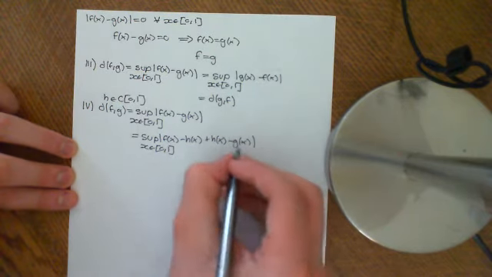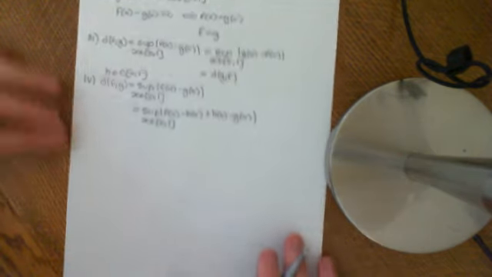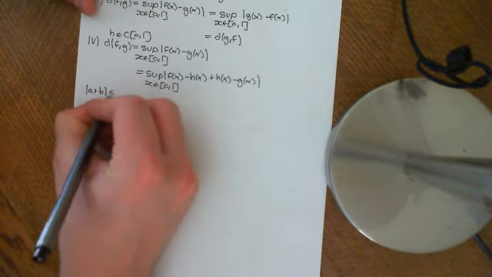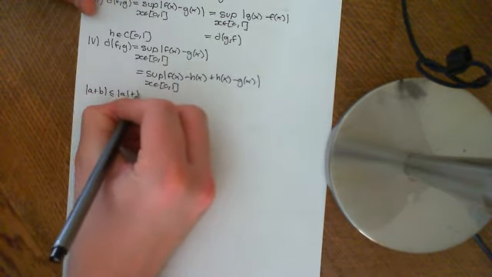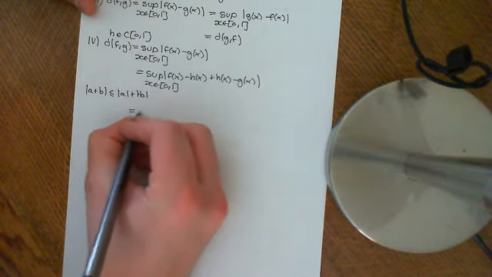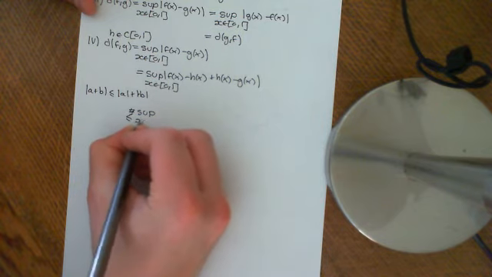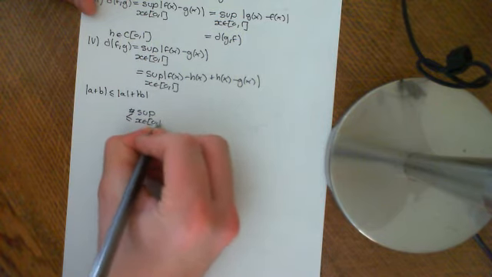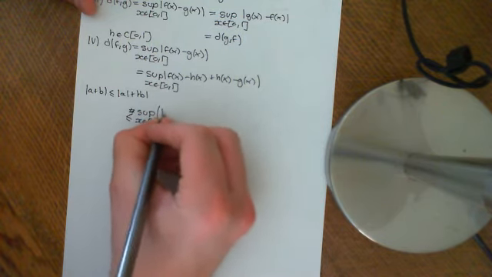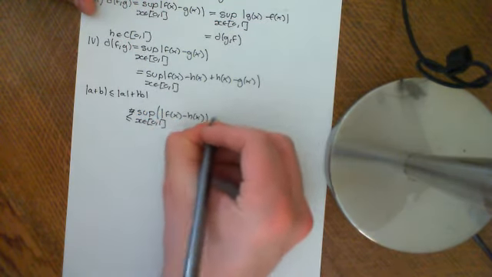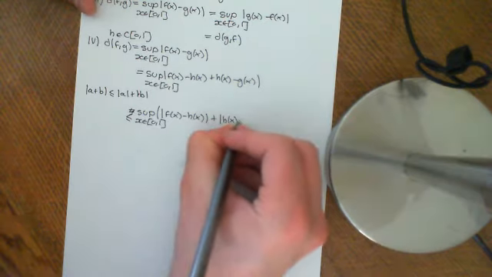And then basically what we can say, using this same inequality again, that the modulus of a plus b is less than or equal to the modulus of a plus the modulus of b, is that this is less than or equal to the supremum x an element of [0, 1] of the modulus of f of x minus h of x plus the modulus of h of x minus g of x.